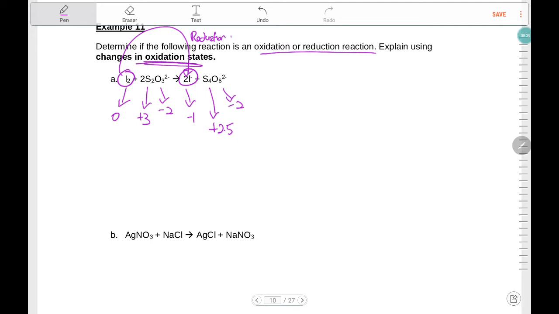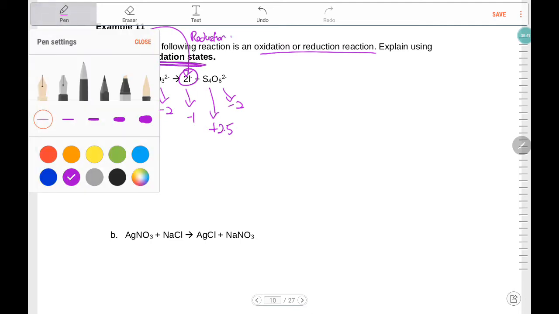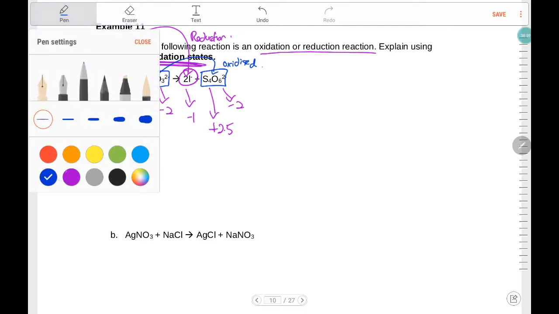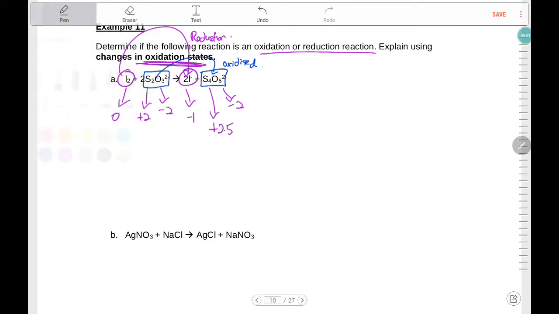Again, answer in oxidation states. I know you can talk about oxygen or hydrogen atoms, but in this case, we want oxidation state. On the other hand, again, you see I omitted 2. S2O3 to S4O6, oxidized. Sorry, this is +2, because overall is -2.